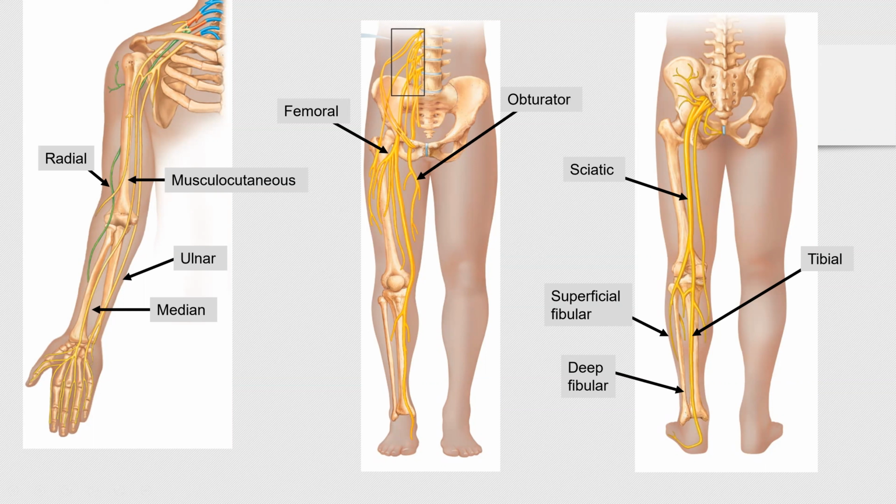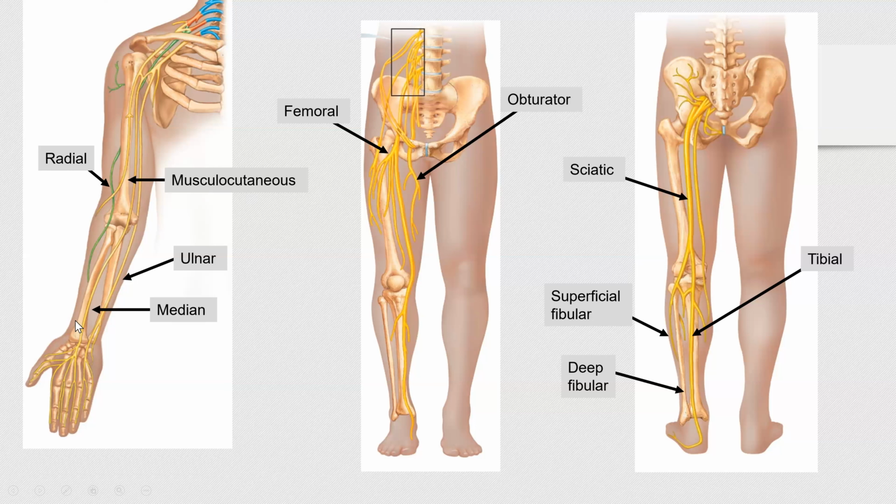And different muscles are innervated by different nerves, right? So we're only gonna look at the arm over here and the leg. Now in the arm, you have 4 major nerves that you need to know. In the posterior part of the arm, we have the radial nerve. And in the anterior, we have, let's see, so this bone is the radius, right?